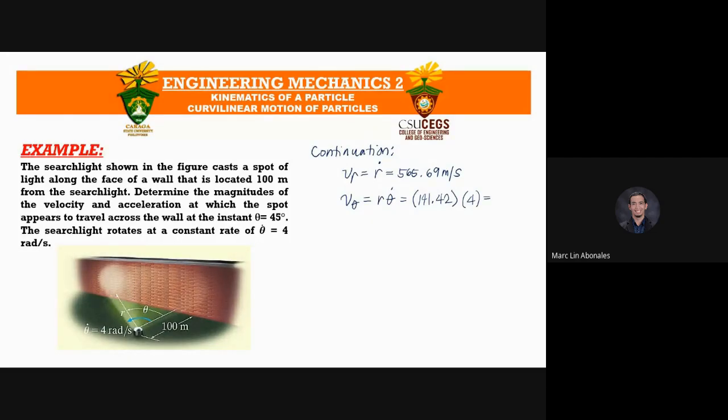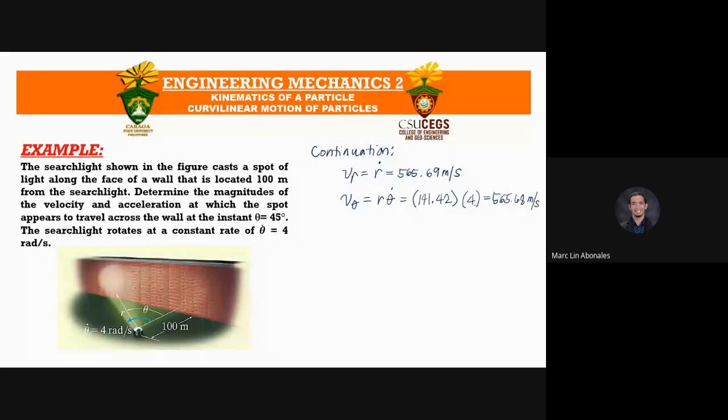So that would be 565.68 gihapon. Just 0.01 increment with the VR. So that is 565.68 meters per second. So meters per second gihapon.